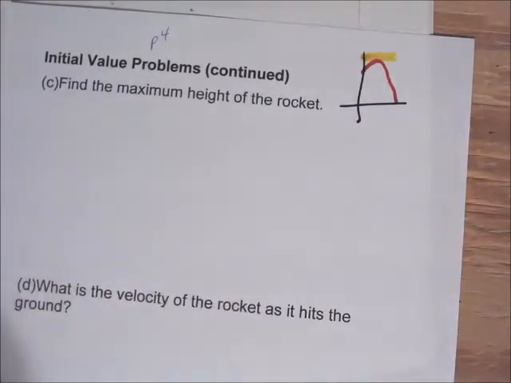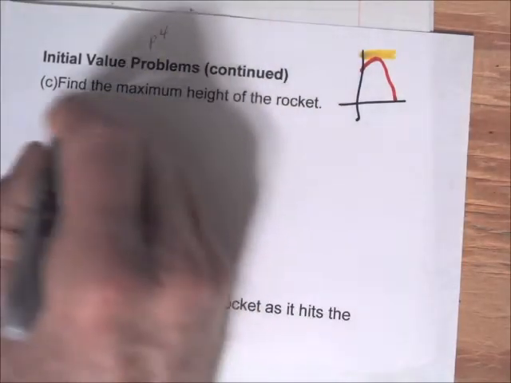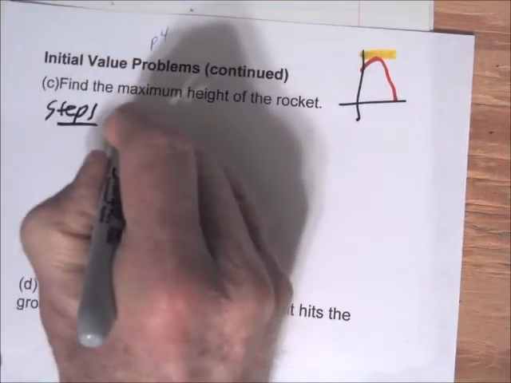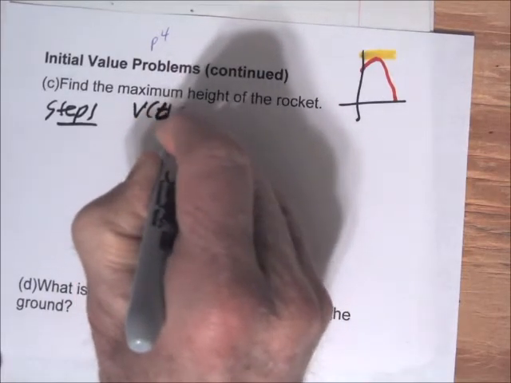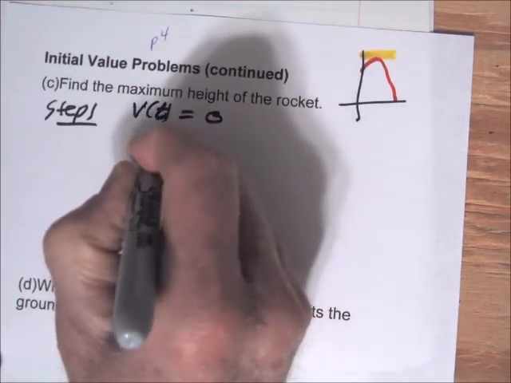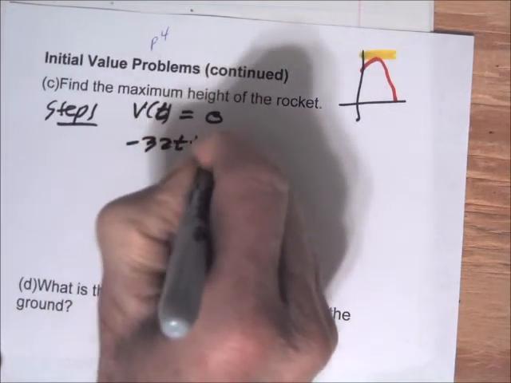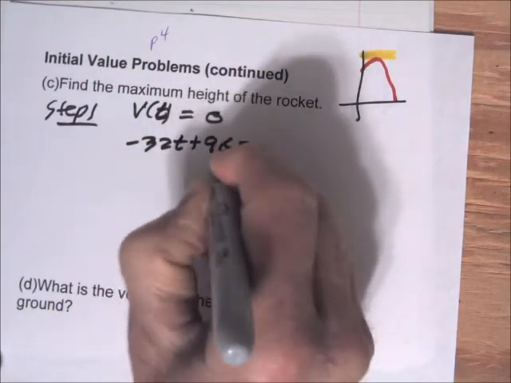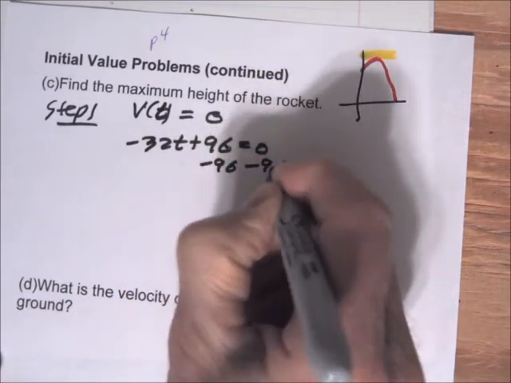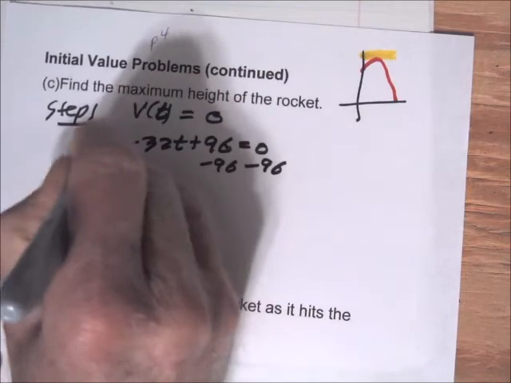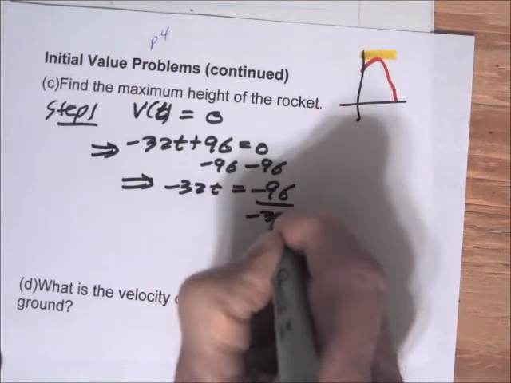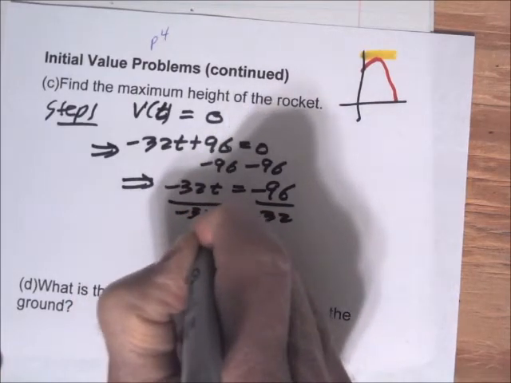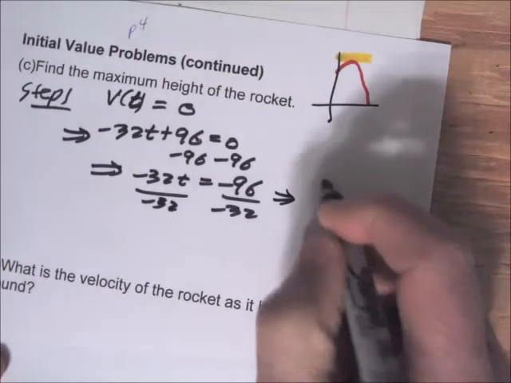So step 1, I want to solve v of t equal to 0. That means that minus 32t plus 96 equals 0. Subtract 96 from both sides. We get minus 32t equals minus 96, divided by minus 32. And that gives t is equal to 3 seconds.